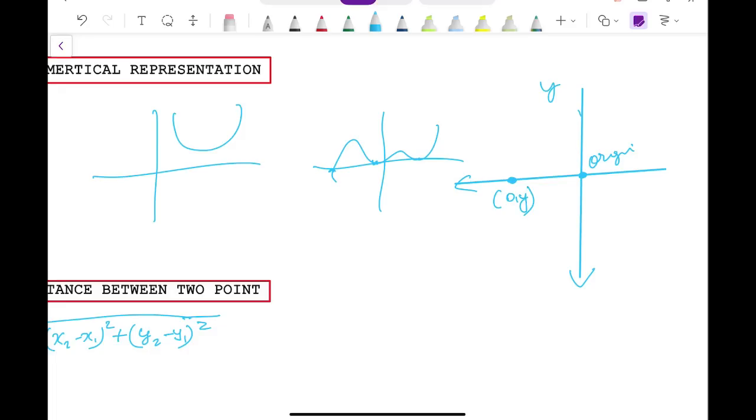If a point lies on the y-axis, it's the reverse of that. The value is 0, y. So always remember that.